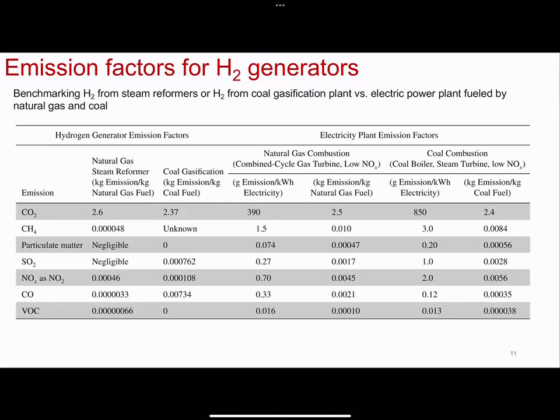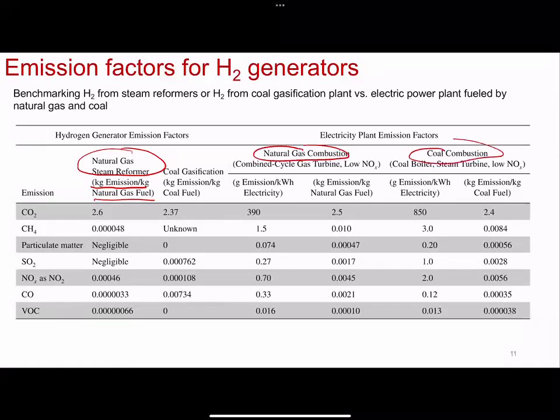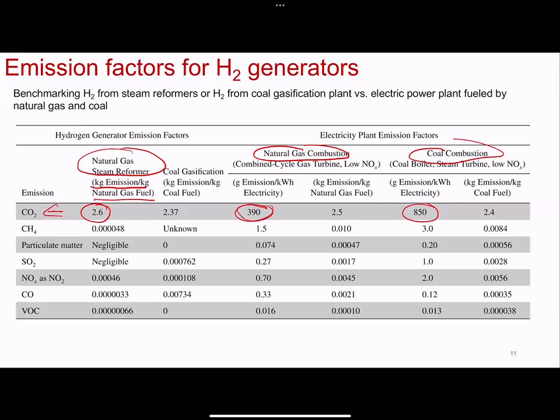Then you look up some EPA reports and you say, okay, well, if I have a natural gas steam reformer, the number of kilograms of emission per kilogram of natural gas fuel versus, let's say, coal combustion or natural gas combustion electricity plants, you could see CO2 emission is dramatically lower than if you had natural gas combustion or even coal combustion. So even though you do emit some CO2 to produce the hydrogen and get your natural gas, you could see that it's still much less, like an order of magnitude less than if we keep our current technology, because our current technology is a huge emitter of CO2.